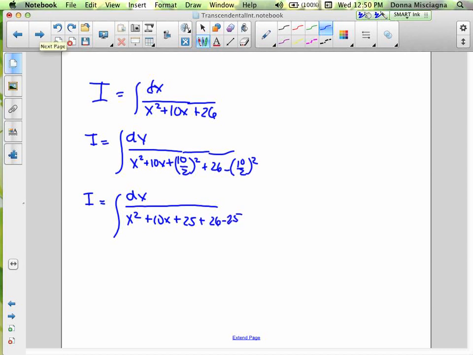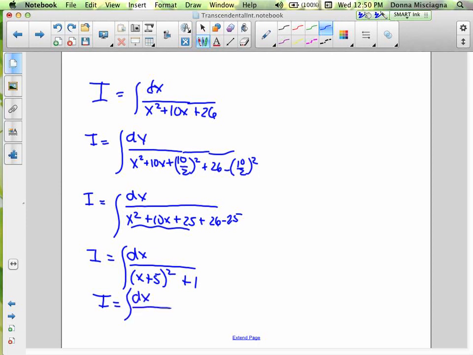So now we can factor this part. So we've got I equals the integral of dx divided by (x plus 5) squared, and then plus 1. Let's reverse it. So we got I equals the integral of dx over 1 plus (x plus 5) squared.